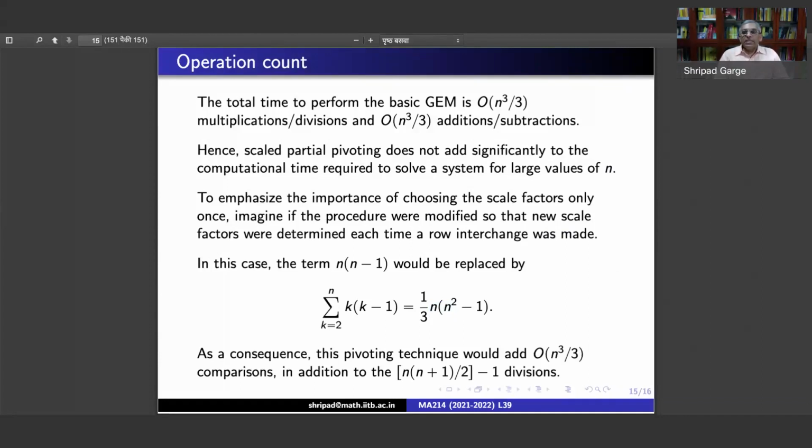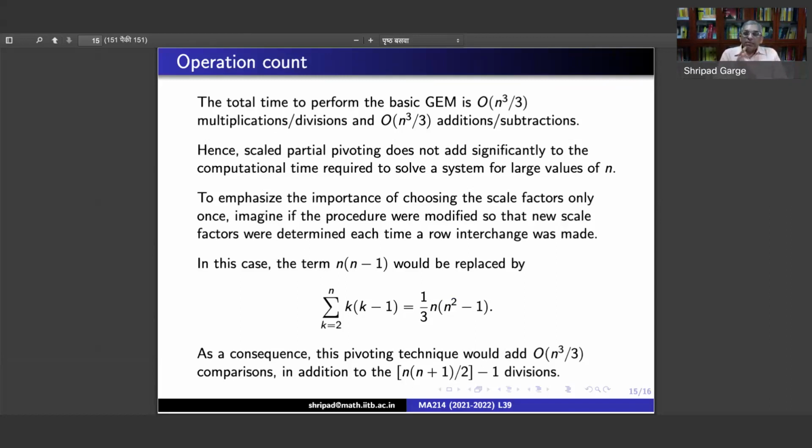So the number of divisions being added is still big O of n square, but the number of comparisons being added, which is the number of additions or subtractions, is going to be quite different if we were to compute scale factors each time, but luckily that's not the case. So the scaled partial pivoting method does not change the computation time significantly for large values of n.